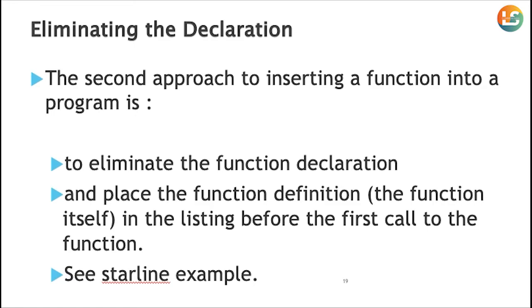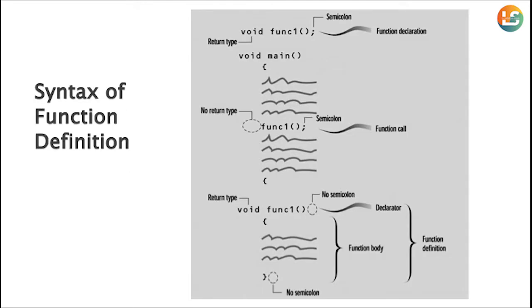There is a function 1, you declared it, you called it, and then later you have its definition somewhere. But if you want to skip this declaration, the only possibility is that you define this function before its calling, meaning before the main function. So first you define this function, then you can call it.